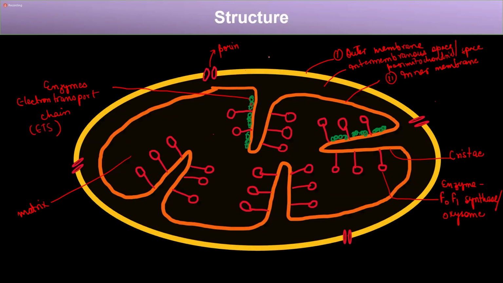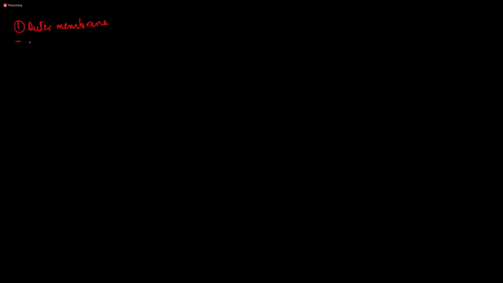So the first thing is the outer membrane. When we talk about the outer membrane, you can see that it is also a double layer, right? The outer membrane is a double layer, and it is made up of lipid, just like a plasma membrane.